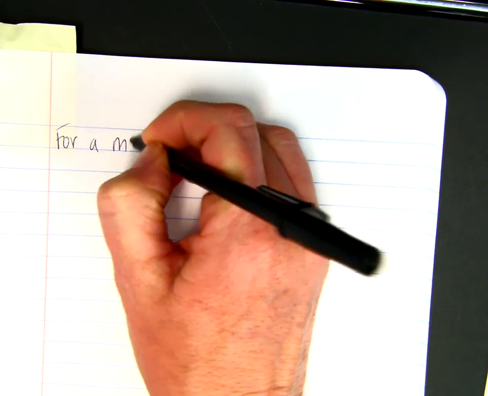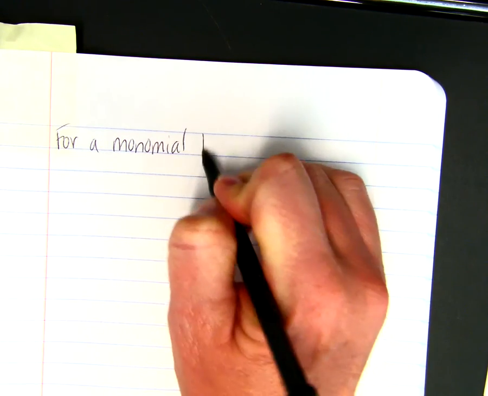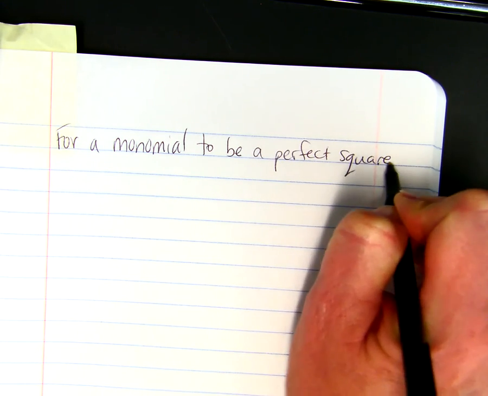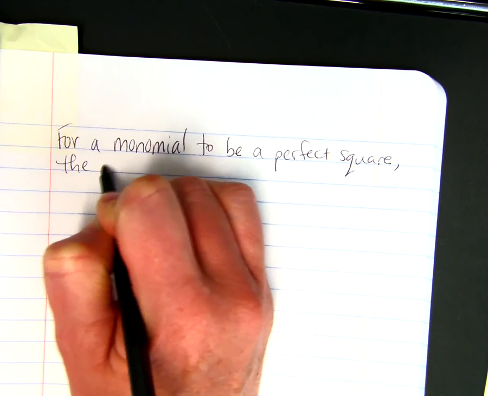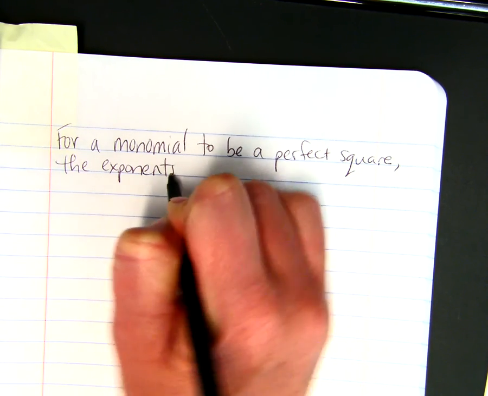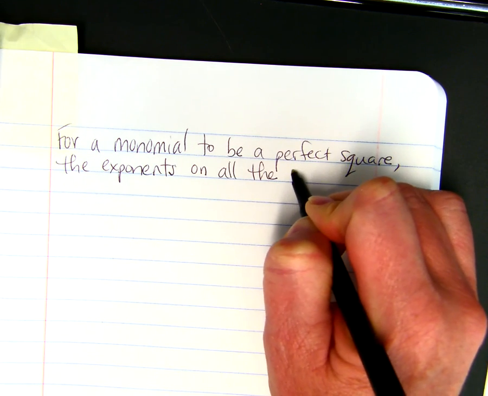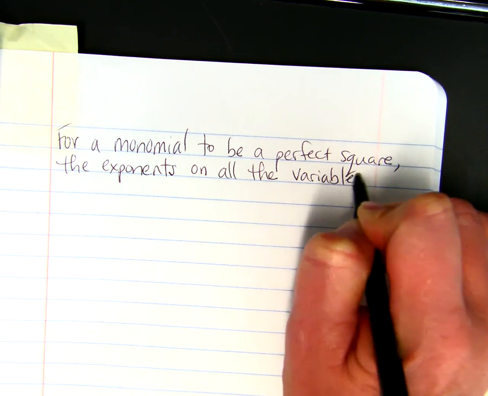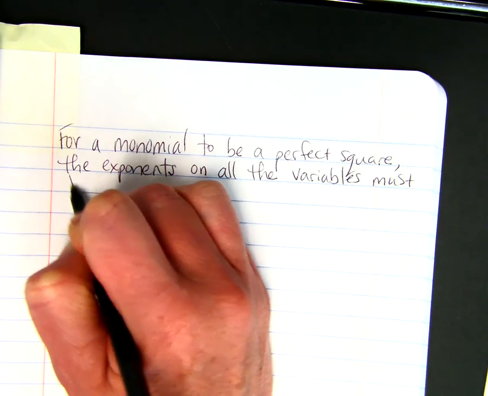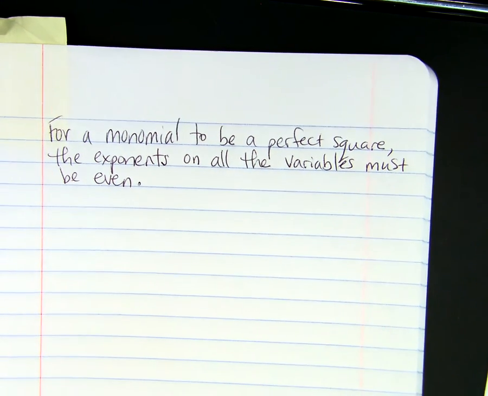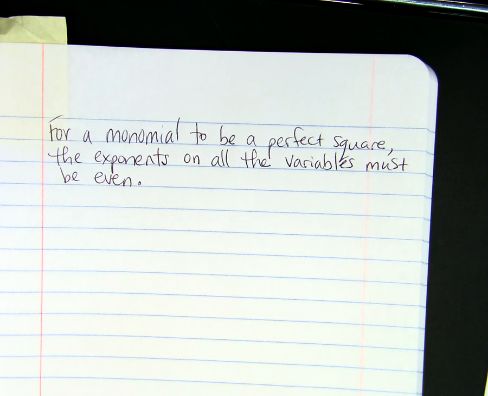For a monomial to be a perfect square, the exponents on all the variables must be even. That way we can get groups of 2 out of there, so we can take the square root. Okay, that's the end of the lesson.